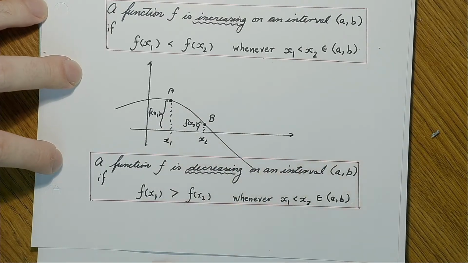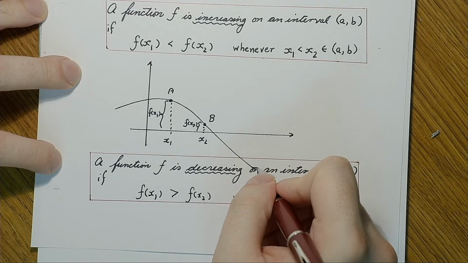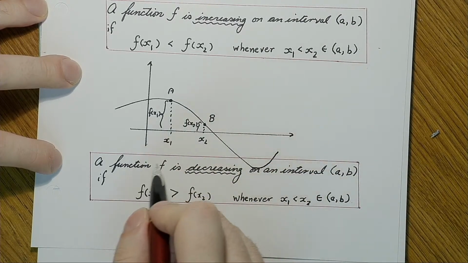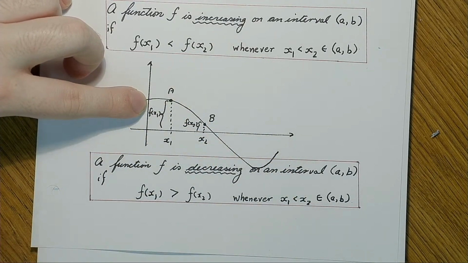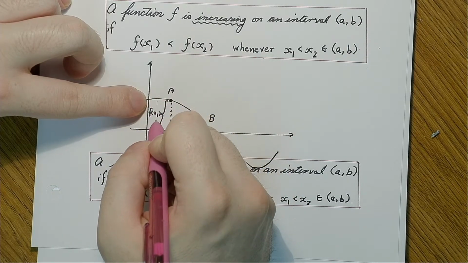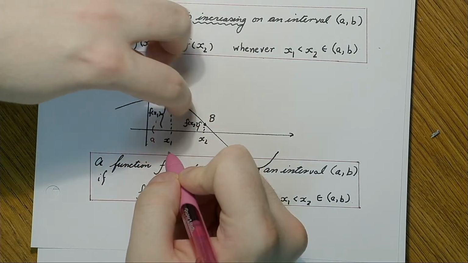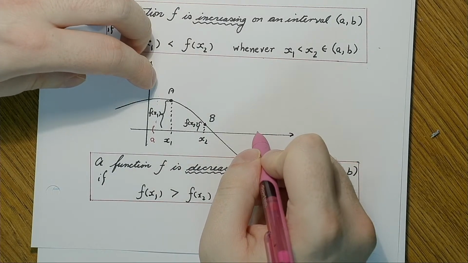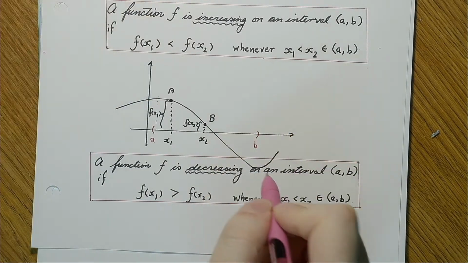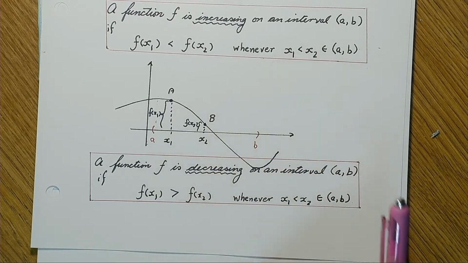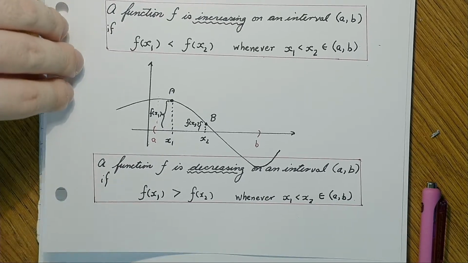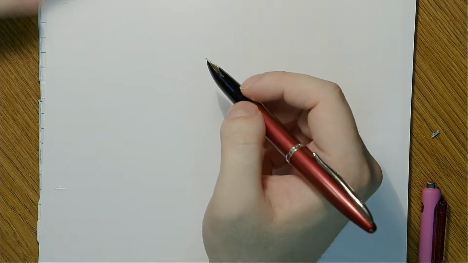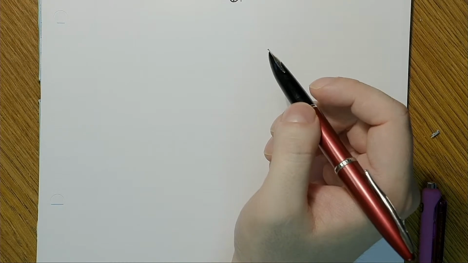Maybe I should have drawn it with some sort of switch here, where we start increasing. Let's say around here is where it starts to decrease, and right around here is where it switches and becomes increasing. So yes, how are we going to jam derivatives into this?